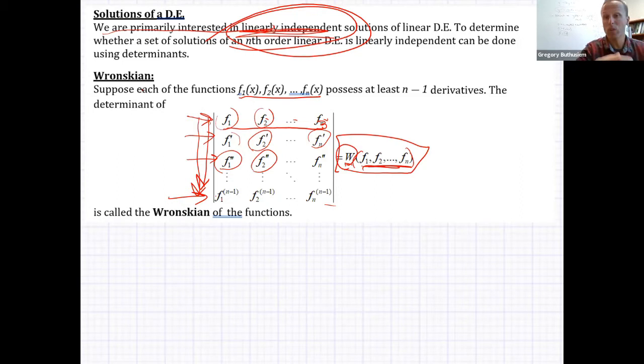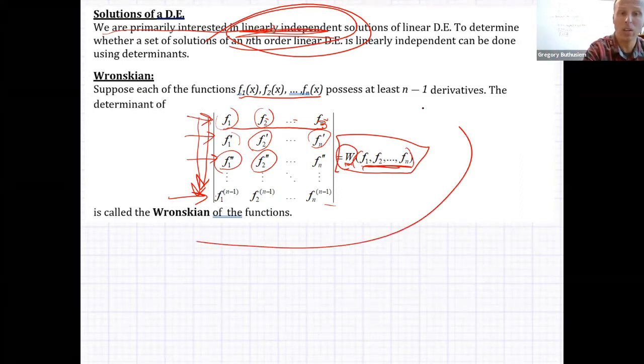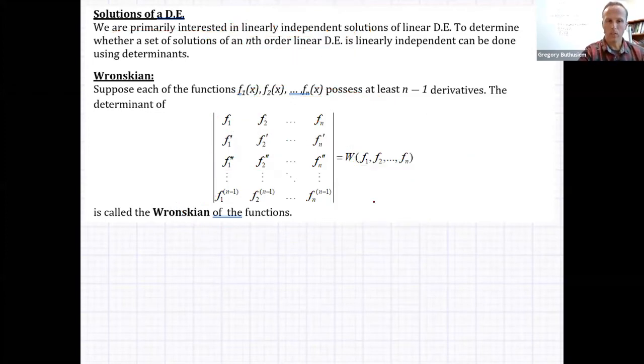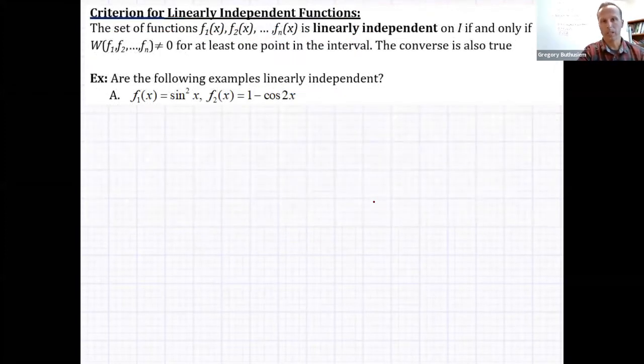Or I can determine if all these things that we just found are independent by calculating the Wronskian of those functions. The idea here is, if I look at all these functions and I find the Wronskian, and the Wronskian is not equal to 0, then the functions are linearly independent. So that's what we're going to want.